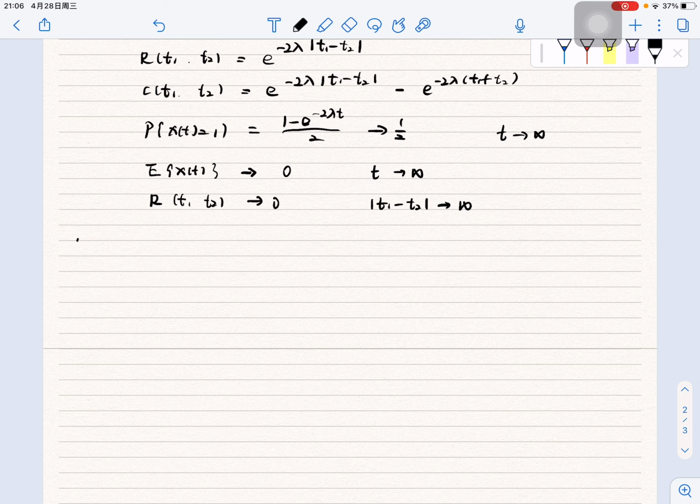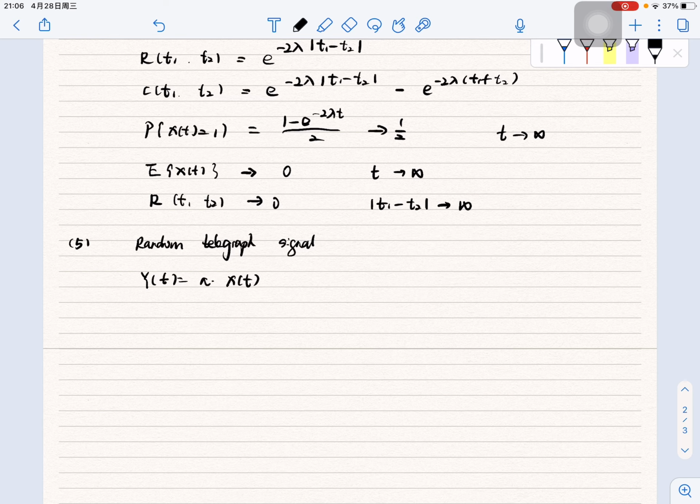Now, next one is question 5, the random telegraph signal. We have Y(t) equals A multiplied by X(t).